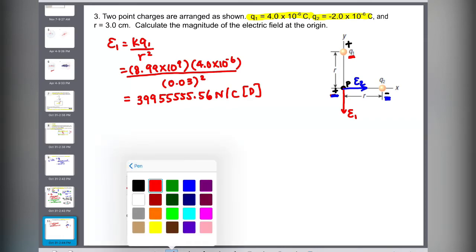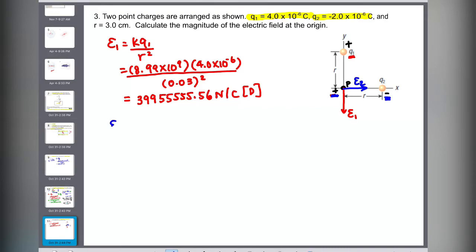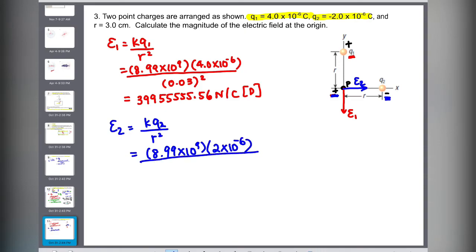Okay, so I'm going to work on the second one. Second one is epsilon 2. So I need to find what is the field from charge 2 at the point P. So K Q2 over R squared. The R's are the same, so I'm not going to specify 1 or 2. Okay, don't put in your negative, right? We don't put the negative in when we do the field.